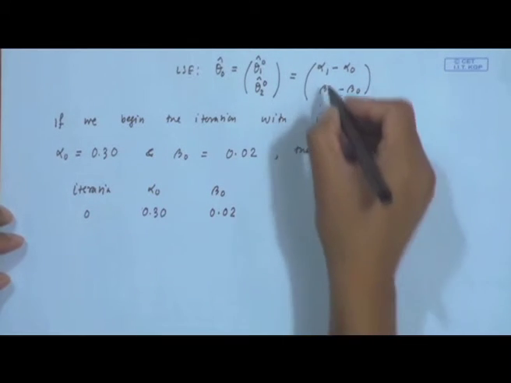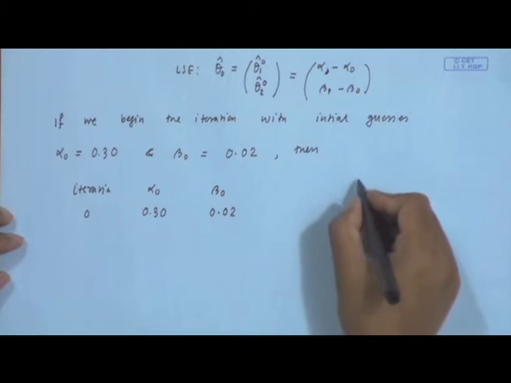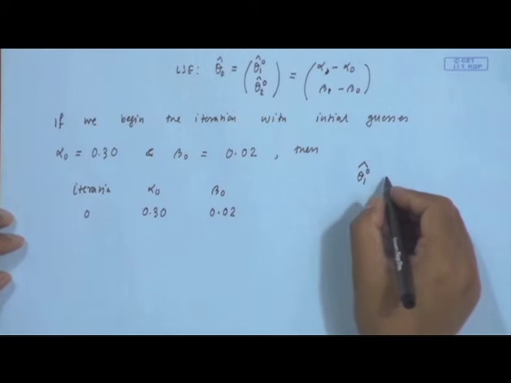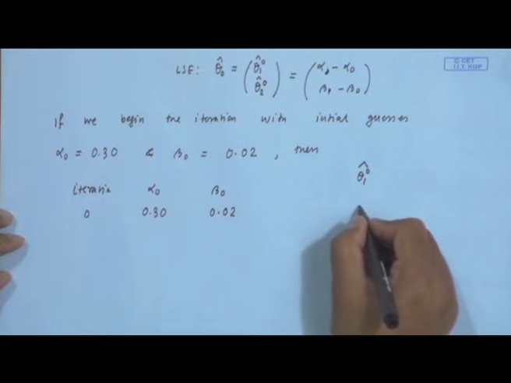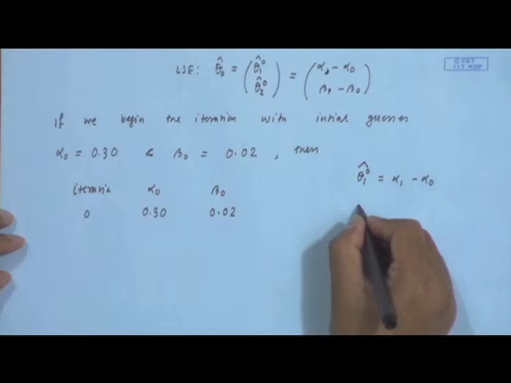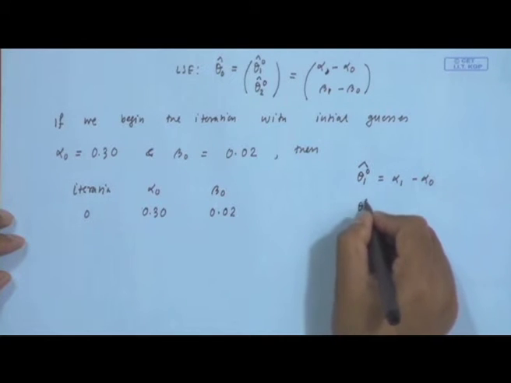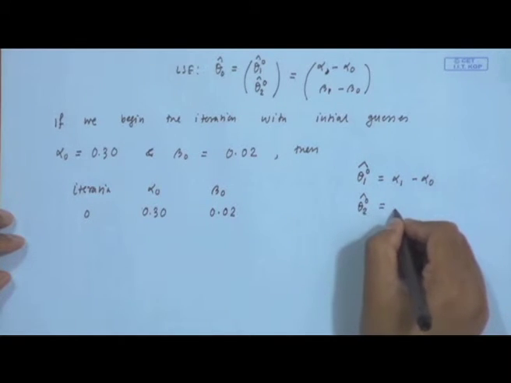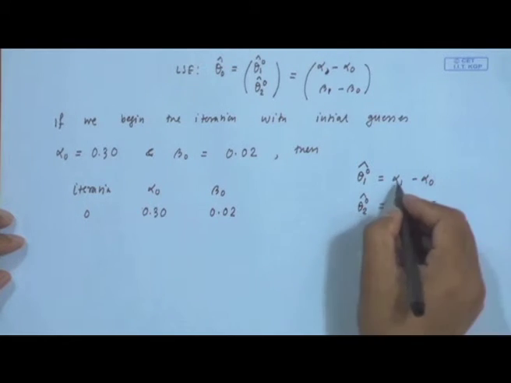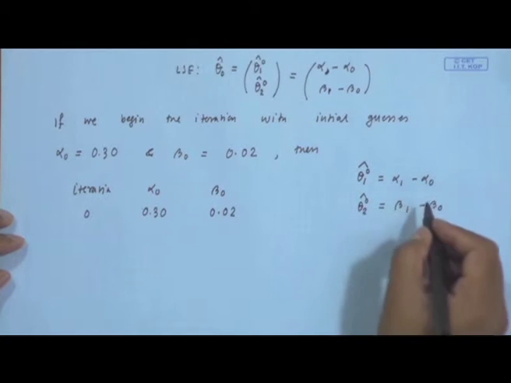And then what we do is that I should not write 1 here. What we have at this moment is theta 1 naught hat, which is equal to alpha 1 minus alpha naught, and also we have theta 2 naught hat, which is equal to beta 1 minus beta naught.